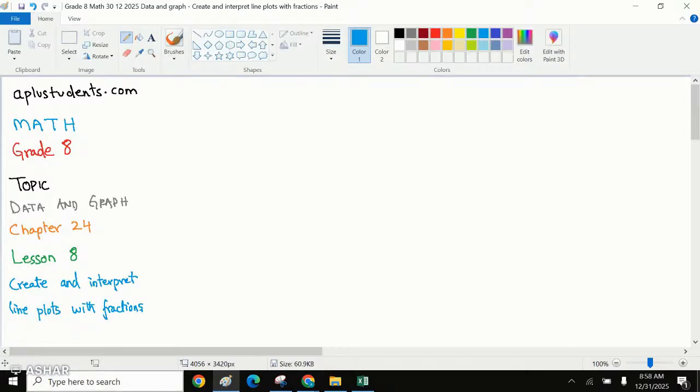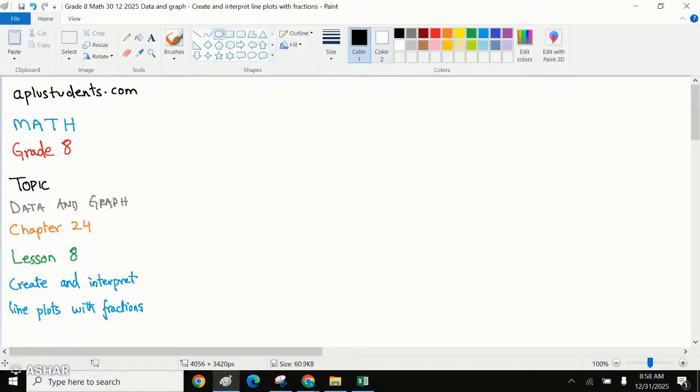First things first, let's see what a fraction exactly is. That would usually be used in number plotting.